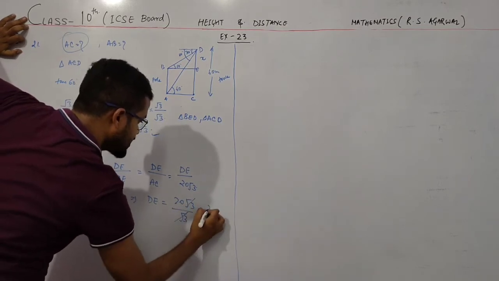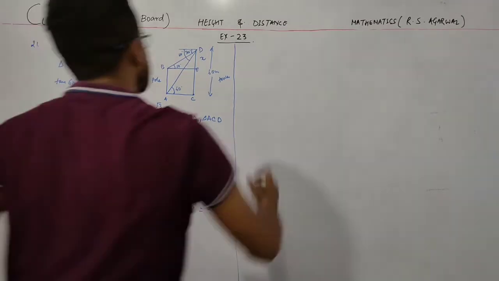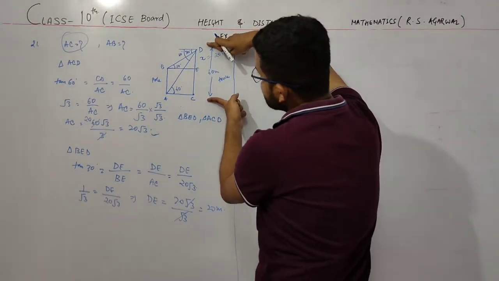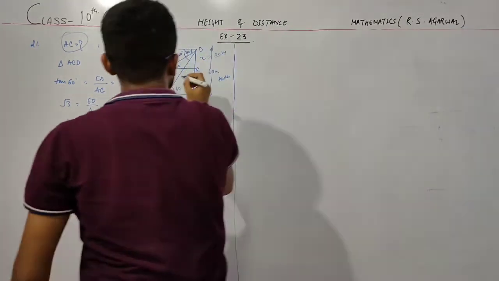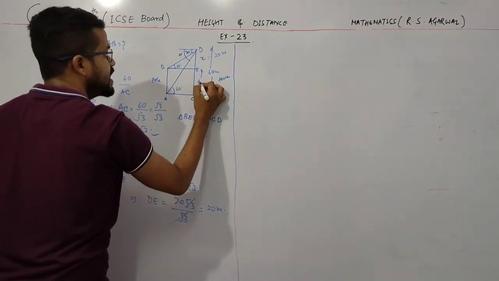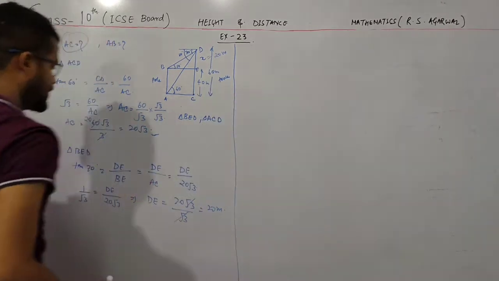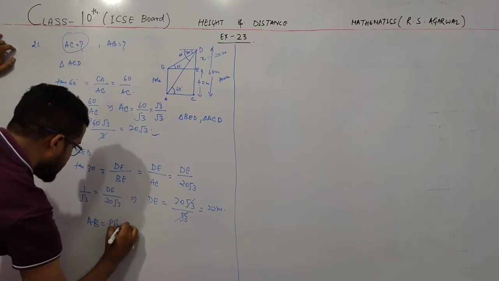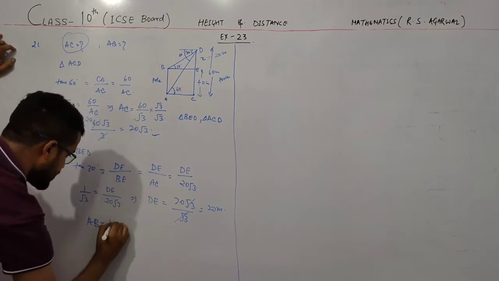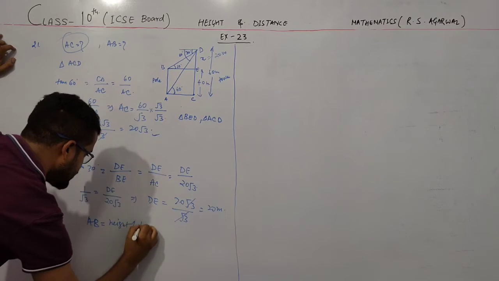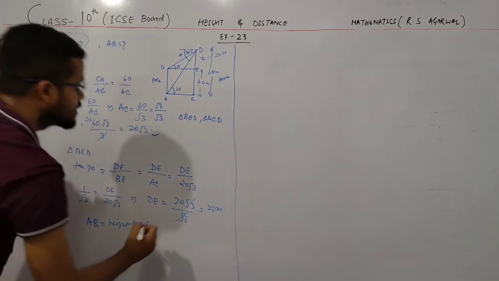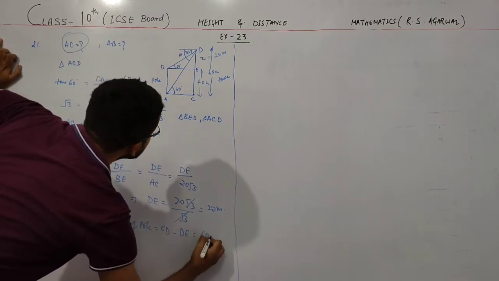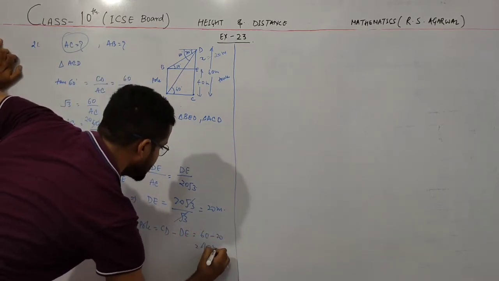So from this I get DE is equal to 20 root 3 by root 3. Root 3 cancels, so DE is equal to 20 meters. If this distance is 60 and this is 20, then AB, the height of the pole, is CD minus DE, which is 60 minus 20, which is 40 meters.